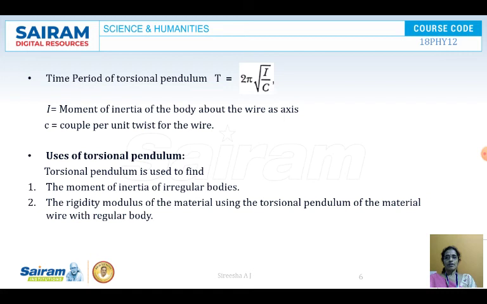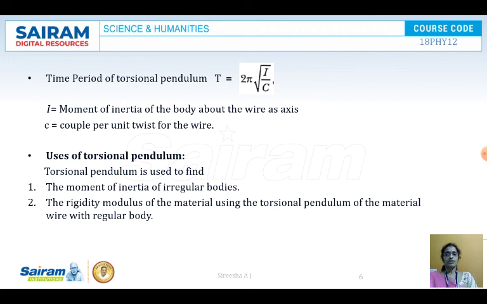Now the time period of the torsional pendulum. What is the expression for it? There is no derivation for you. The time period of a torsional pendulum is T equals 2 pi root of I by C, where I is the moment of inertia of the body about the wire as axis, because the body is moving along the length of the wire, and the wire is under tension due to the rigid body.